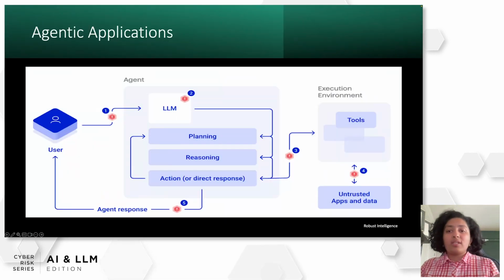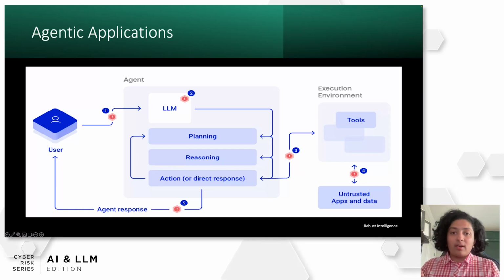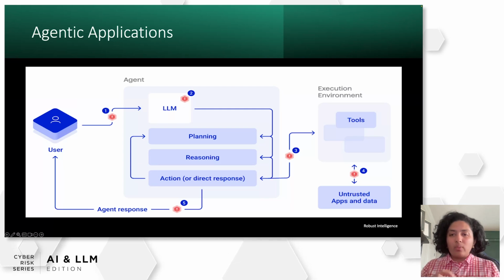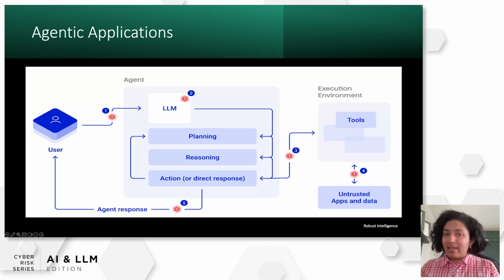So this part here is where the external inputs matter a lot. And let's take an example of an agentic application. When I say agentic application, the LLM is like the brain, and the brain will orchestrate different agents which do different types of thinking and planning.